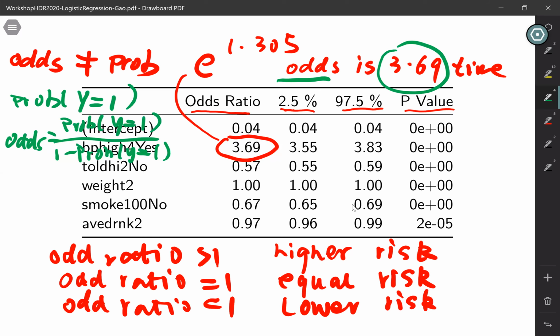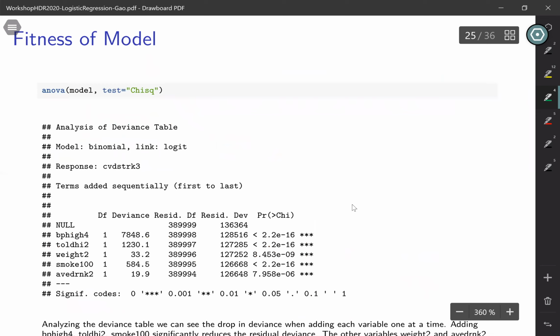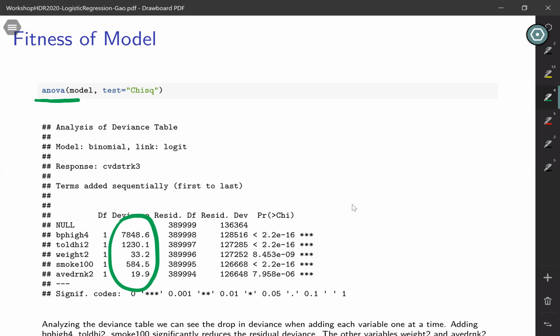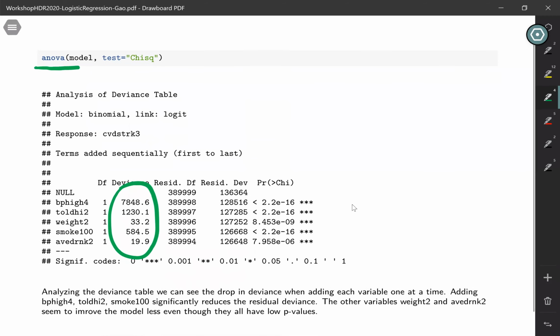So this is the interpretation, and now how to check the fitness of the model. You can use ANOVA on the logistic regression. Remember we stored this as a model. Here you can check the deviance numbers. A higher number means this predictor contributes to the model more than the others.